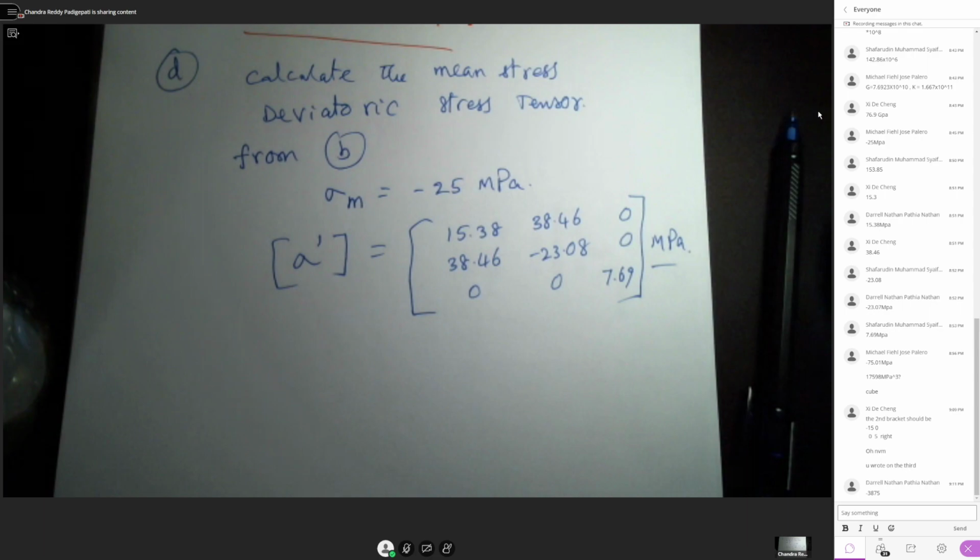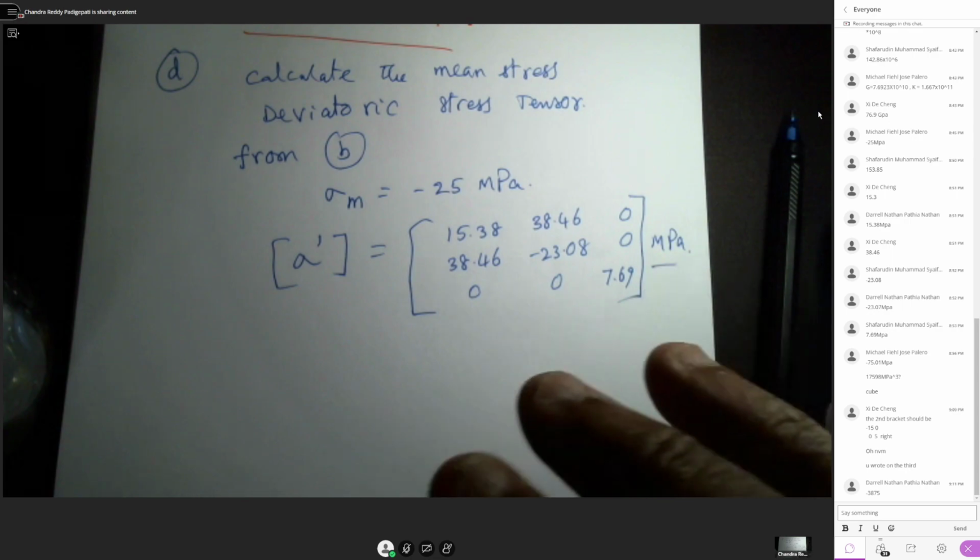You can see this question alone took 45 minutes. We started at 8:30, then 9:15. In the exams, to score high marks, you need to write down every step clearly and try to highlight your final answers.